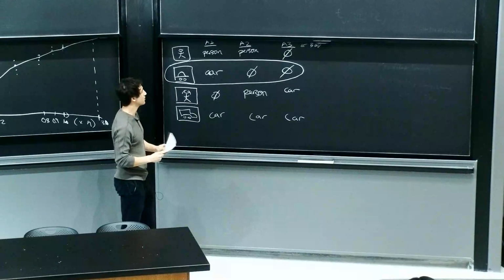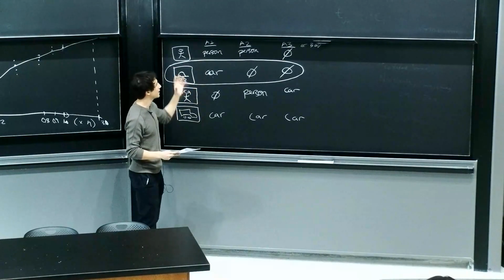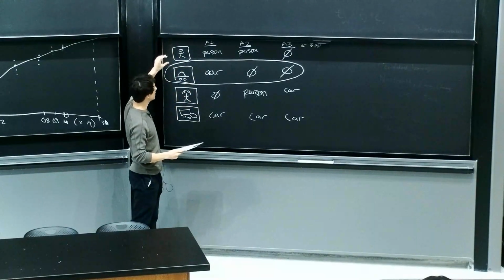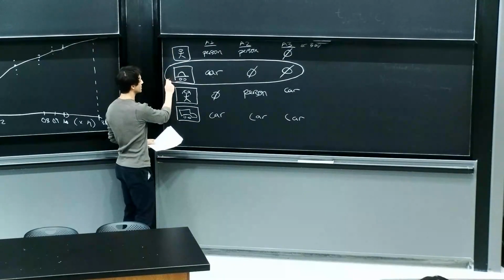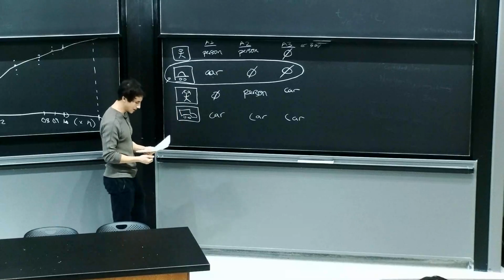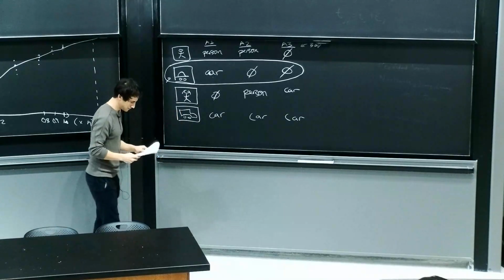And we might want to have some kind of confidence score for if we collapse all of the annotations into a single label for each of these images, we might want to know that maybe we're less confident about this one because it was only annotated by a single annotator.